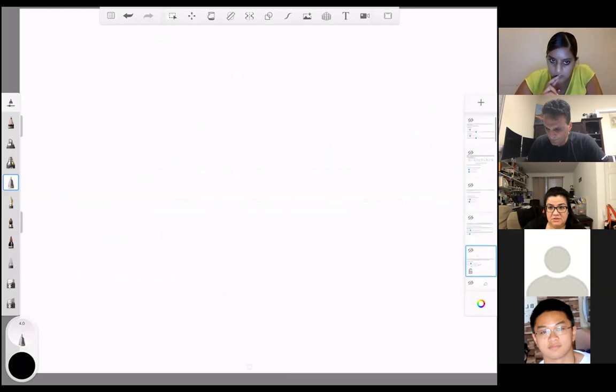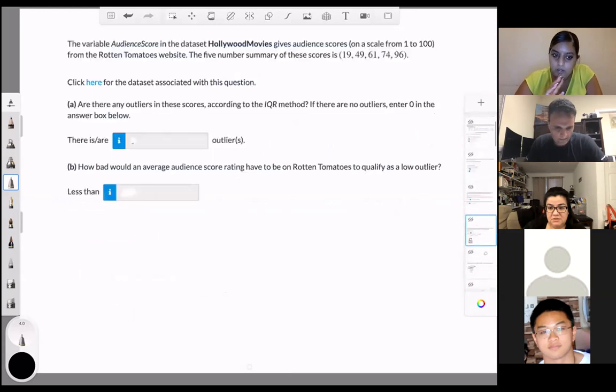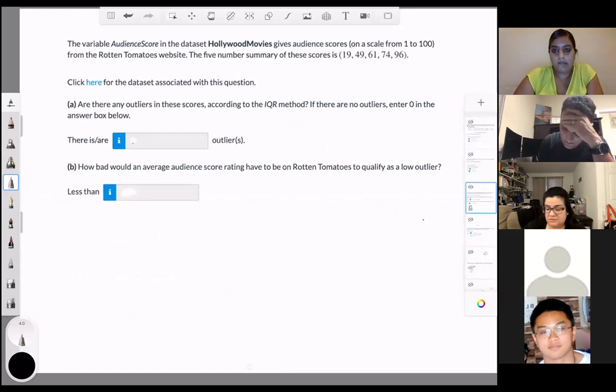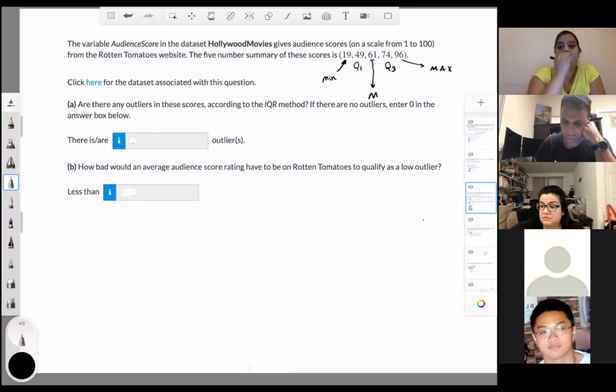Let's move on. We have the 5 number summary, which is number 6. So 5 number summary means this is the minimum, this is the maximum, this is the median, this is Q1, this is Q3, correct?